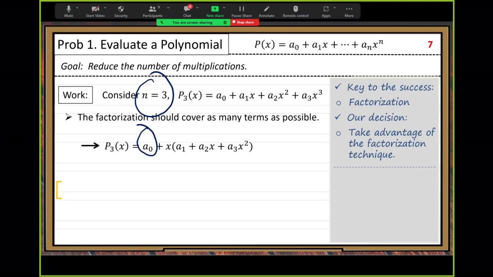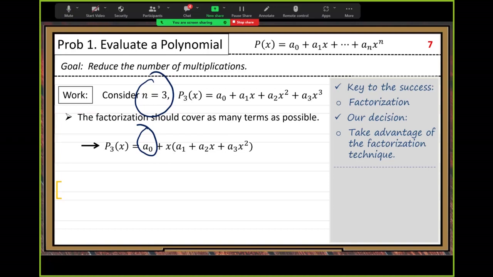Just like in the previous example, we ignore the A0 term. After we skip the A0 term, we can factor the common factor X out. Inside the parentheses, there are 3 remaining terms.